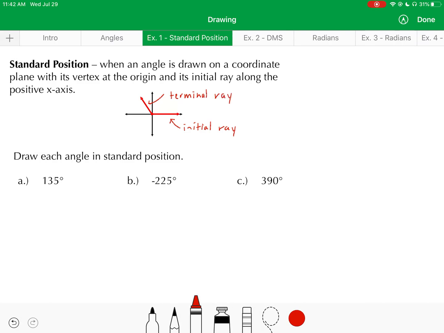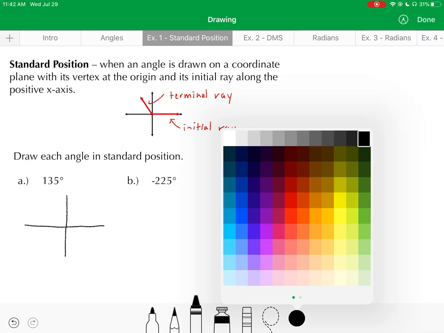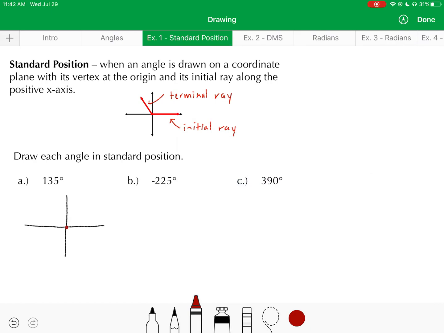Let's draw each of the following in standard position as well. 135 degrees. Just give a quick little x-axis and y-axis, and we're going to place that initial side of the angle on that positive x-axis.